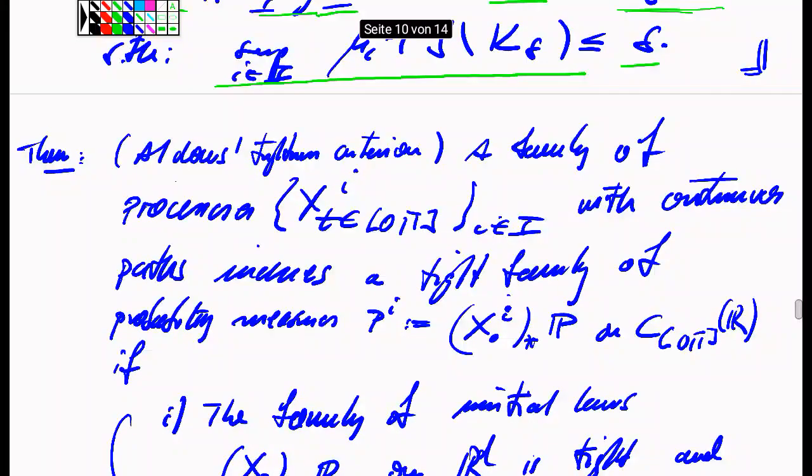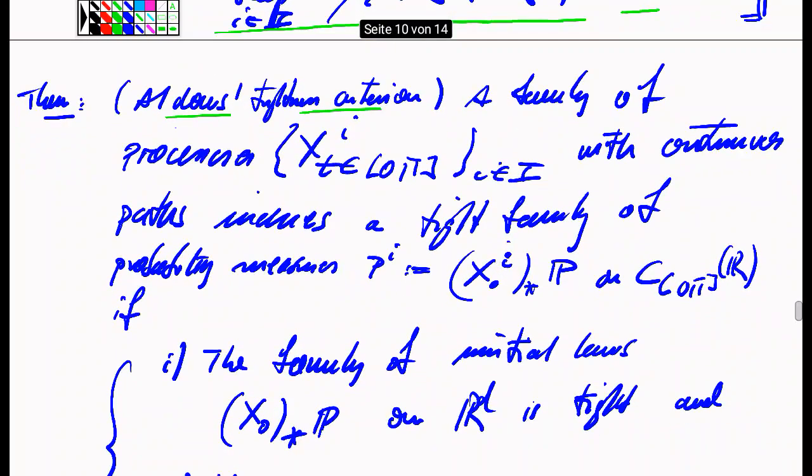And we shall use a tightness criterion which is derived from the Prokhorov theorem in the particular case when the Polish space is the set of continuous trajectories. And this is the so-called Aldous tightness criterion. So David Aldous is a contemporary American mathematician.